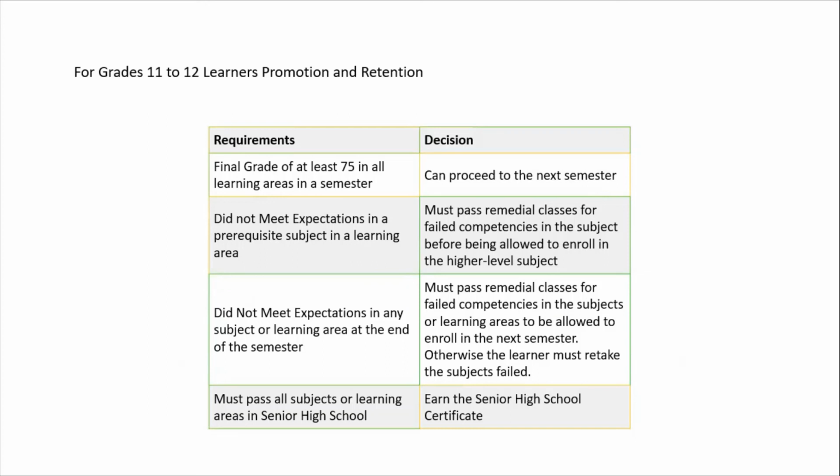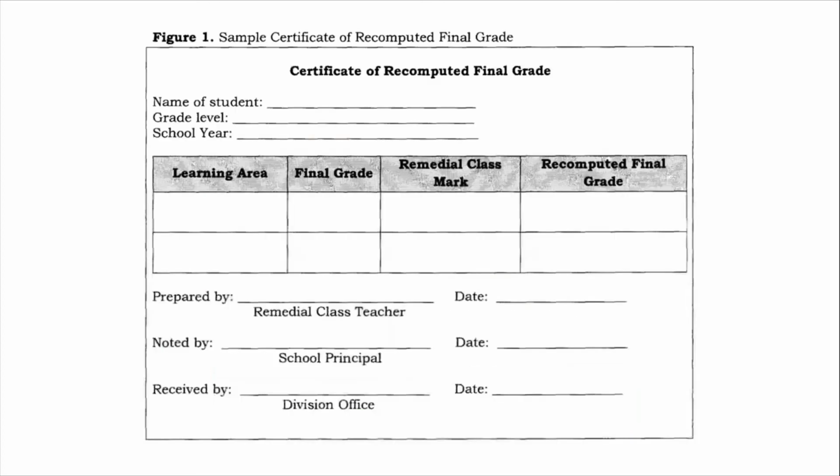If not, then you need to retake the subject. And you need to pass all the subjects or learning areas in senior high school to earn a senior high school certificate. So here's a sample of a recomputed final grade. You have a final grade and then the grade in the remedial class, and then the recomputed final grade. So you'll get an average.